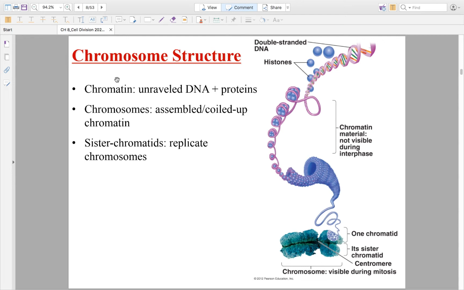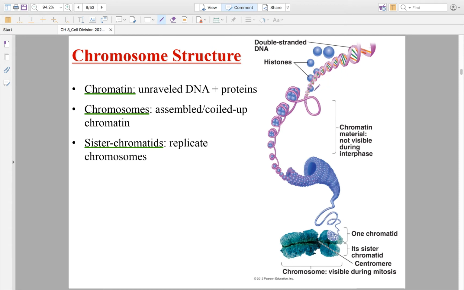Basically, let's talk a little bit about DNA. Now, in chapter 4, I mentioned that DNA, when it's unraveled, is called chromatin. Now, I want you to understand the structures of chromatin and what chromosomes are, and a new term called sister chromatids. Here's the DNA.